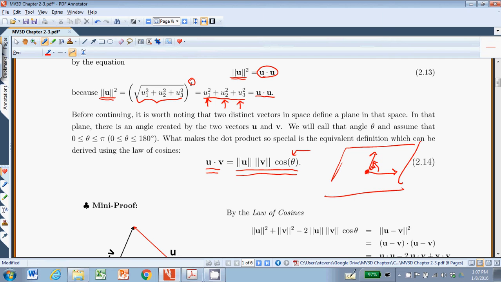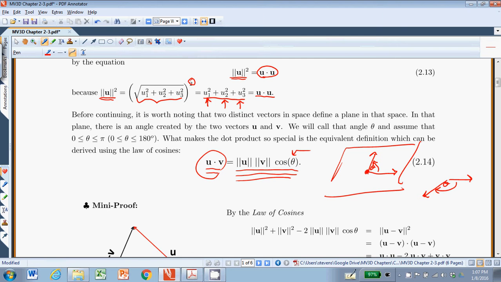In other words, if I have two vectors U and V like this, then the angle we're talking about is this angle. So between any two vectors is an angle, and you can define the dot product of the two vectors in terms of the angle between them and their lengths.